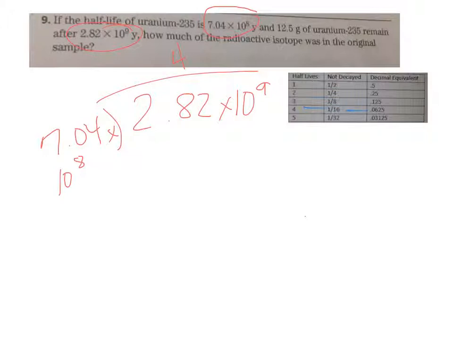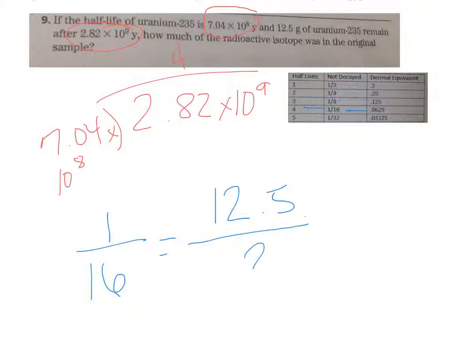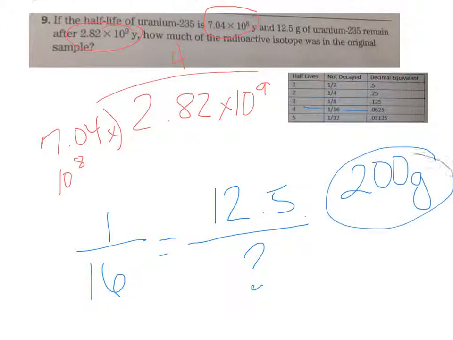And if you need that as a decimal, that's 0.0625. So we have 12.5 grams remaining, and that is 1/16 of the original sample. If we need to know what the original sample was, we could just multiply 16 by 12.5, and that's going to give you 200. So our original sample was 200 grams.